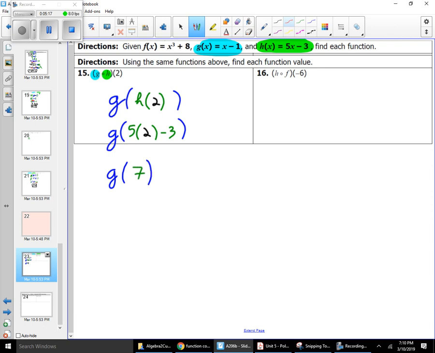Again, that 7 is our h of 2 value. We took one function and evaluated it at 2. We're going to use the output of that function to evaluate g. g is just x minus 1. So I'm going to take that 7 and subtract 1 from it. 7 take away 1 is just 6.